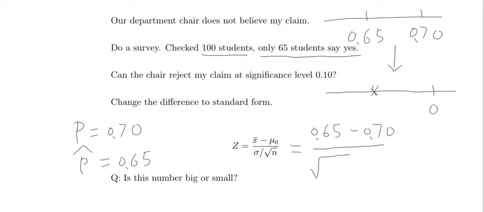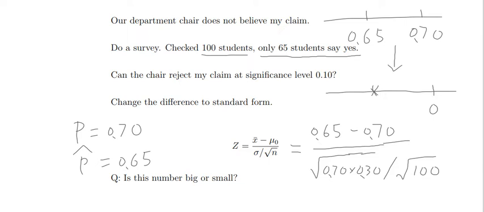So this sigma is square root of PQ. Which P should we use? Here we should use 70, because I claim 70 is from the population, and 65 is from data. So it's PQ over n, where n is 100.